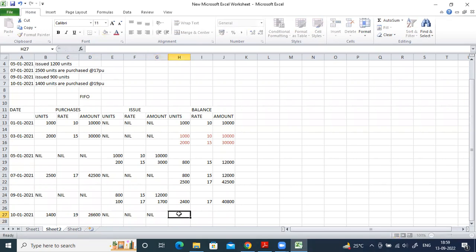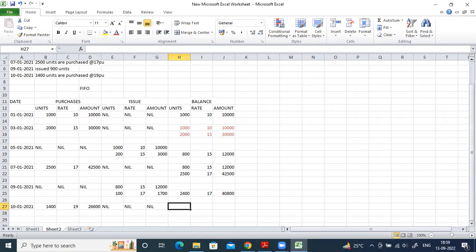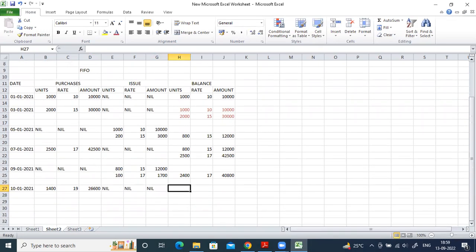Now you need to let me know what the balance will be. How should we record the balance? What will be the total stock as on 10th January? How much stock is there in your godown?